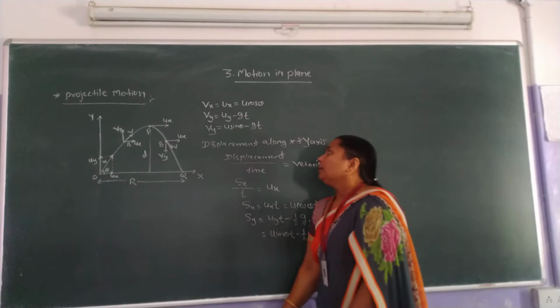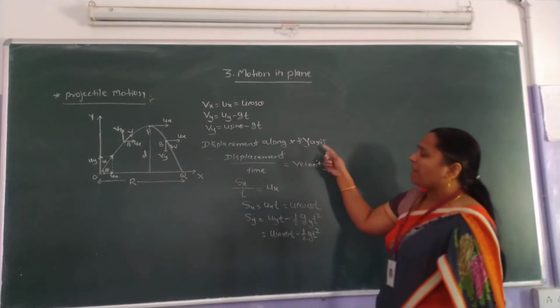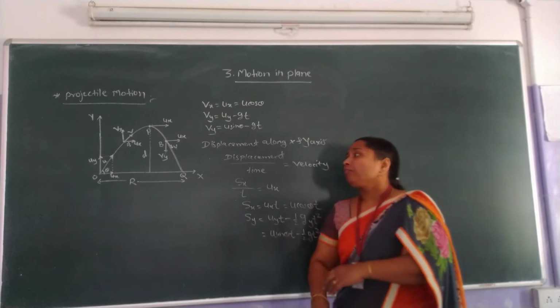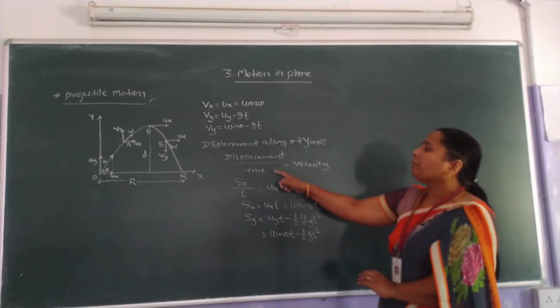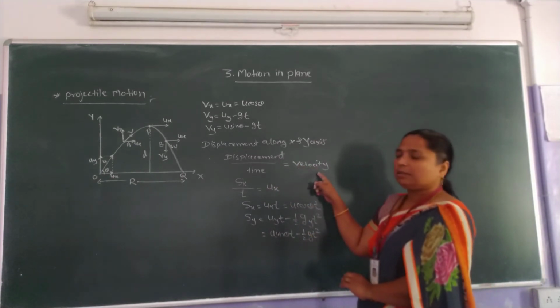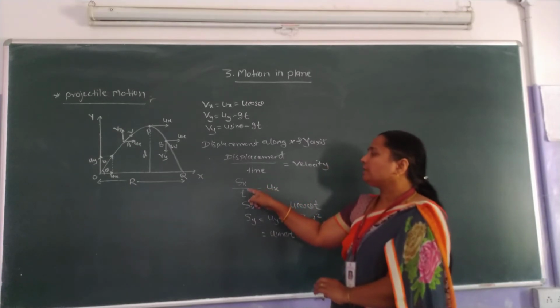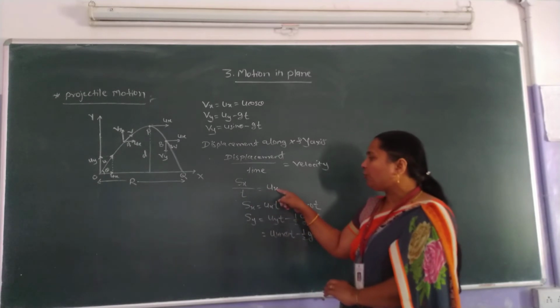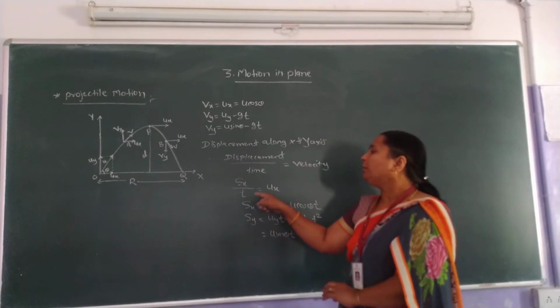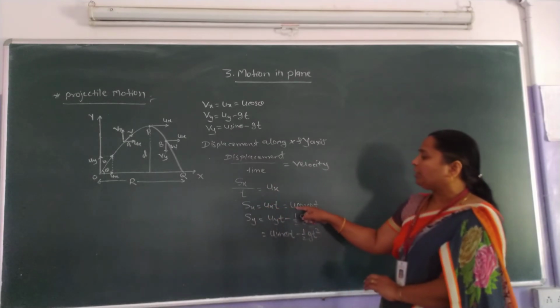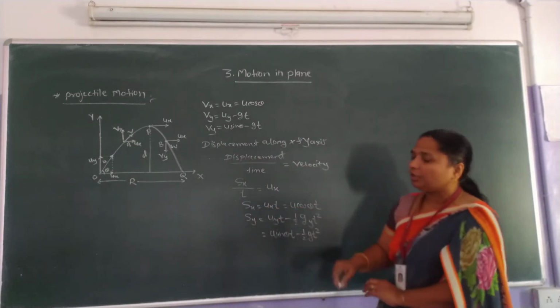Now the displacements along the x and y axes, using the kinematical equations. Displacement upon time is equal to velocity, so Sx upon time is equal to ux. Therefore Sx is equal to ux into t, which is u cos theta into t.